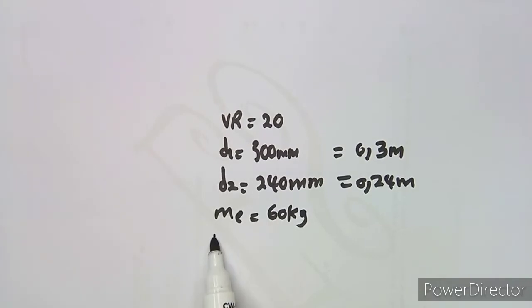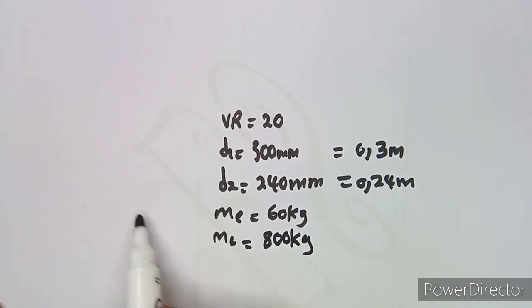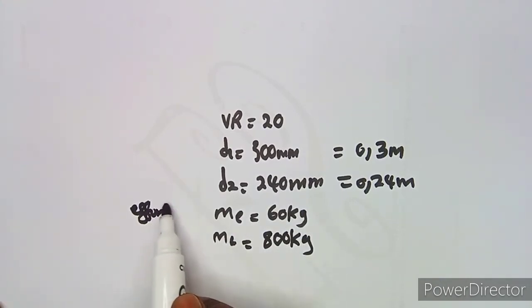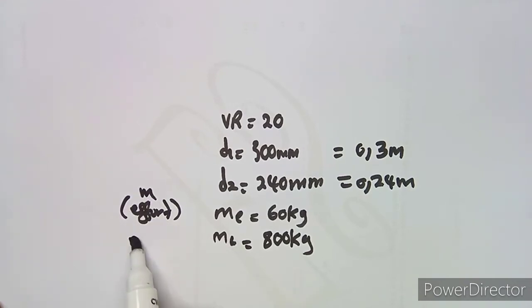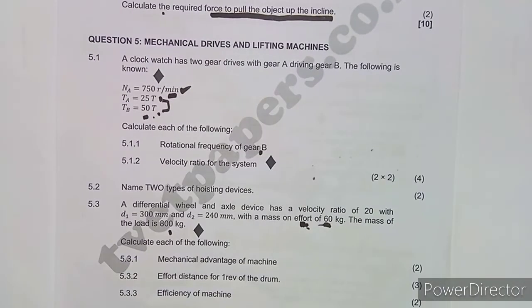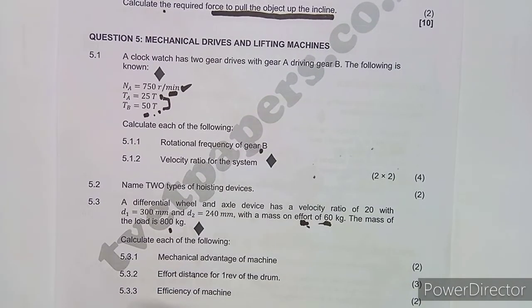So just say L for the load, which is 800 kgs. Take note, this is the mass for the effort, and this is the mass for the load. Do not confuse this part. These are different masses that you're given, one for the effort and the other for the load.